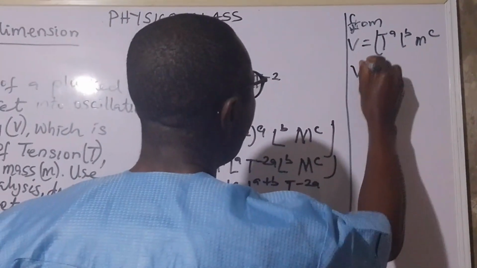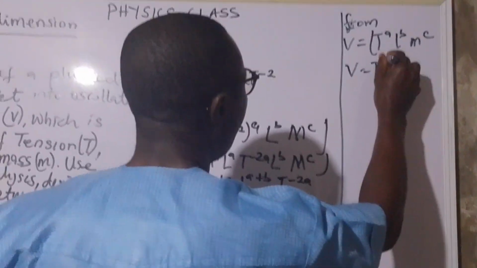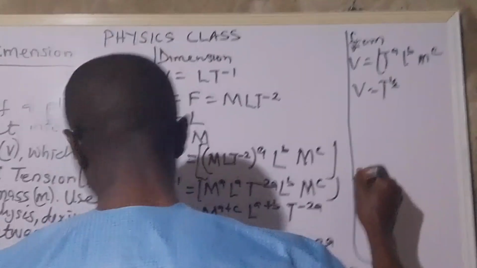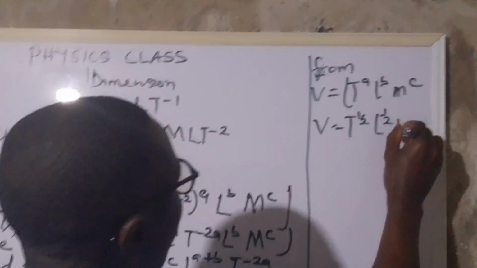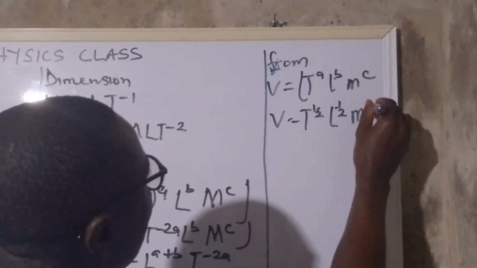V now will be equal to T raised to power half, L raised to power half, and M raised to power minus half.